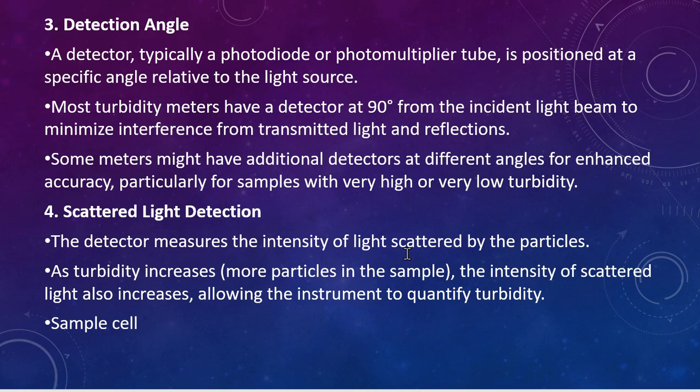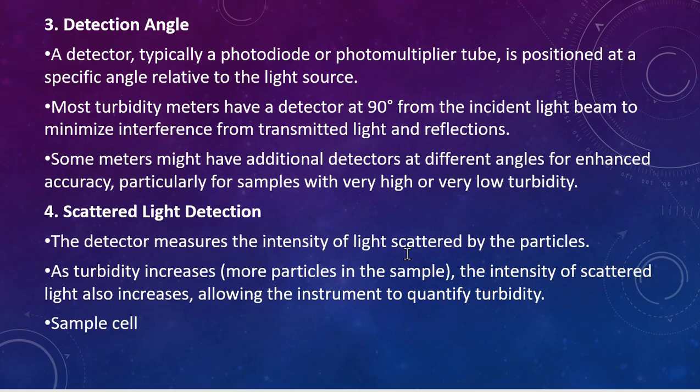As we have discussed earlier, in a nephelometer the detector is placed at 90 degrees from the incident beam, while in a turbidity meter the detector is placed at 180 degrees. The detector measures the intensity of light scattered by the particles. As turbidity increases, the intensity of the scattered light also increases, allowing the instrument to quantify the turbidity.